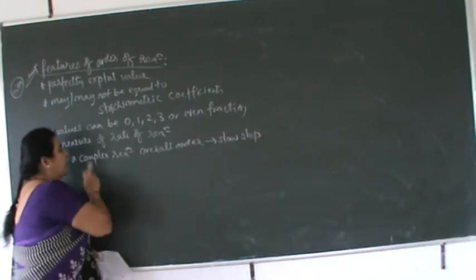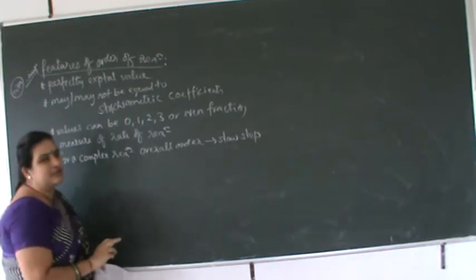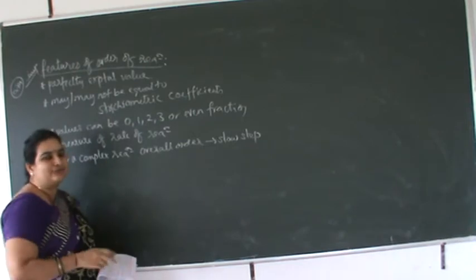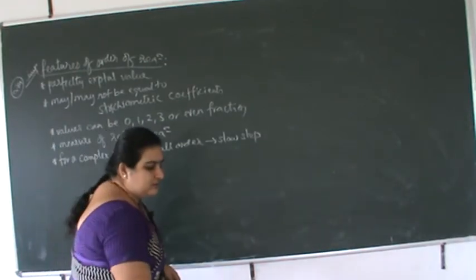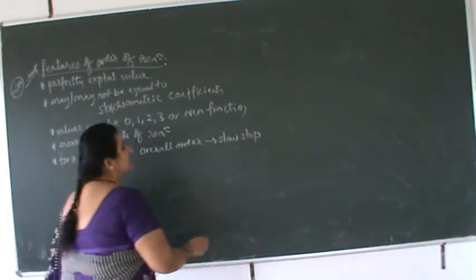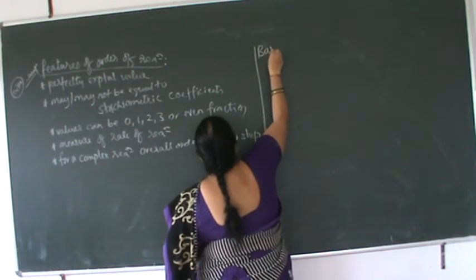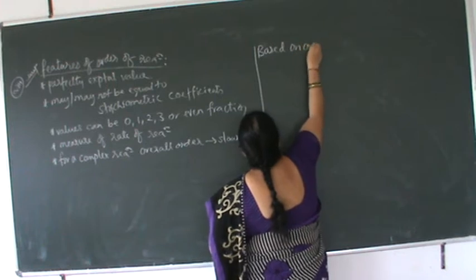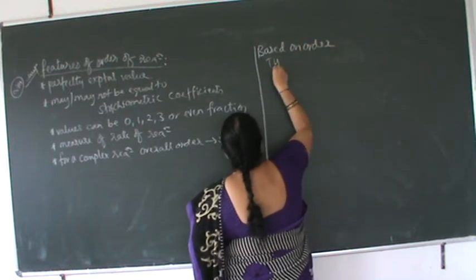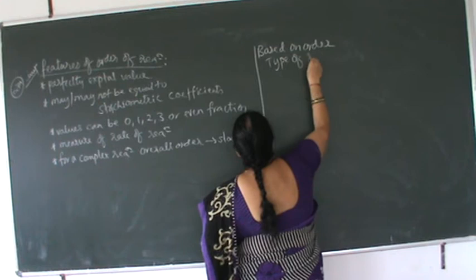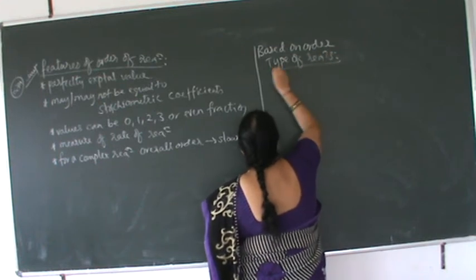Now based on the order we can classify the reactions into 5 classes. Based on order, types of reactions.